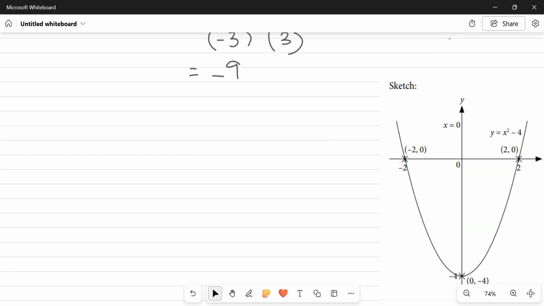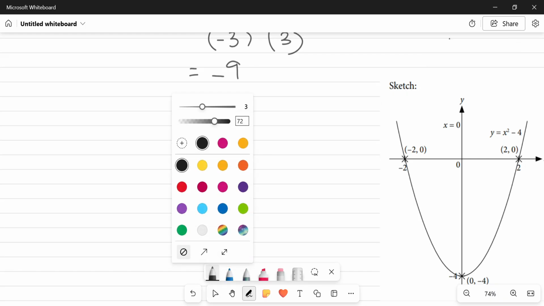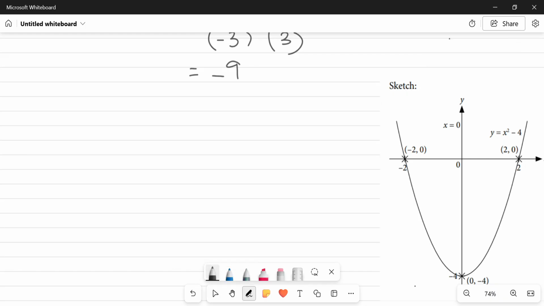This is the sketch that you need to draw, but before this drawing, you must know the coordinates. First of all, the question says y = x² - 4.